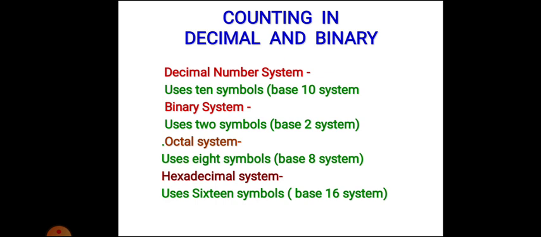Once again, binary number system means the number system which uses 0 and 1, or 2 symbols, with base or radix of 2. Okay, next coming to octal system. The number system which uses 0 to 7, that means total 8 symbols, with base or radix of 8 is called octal system.